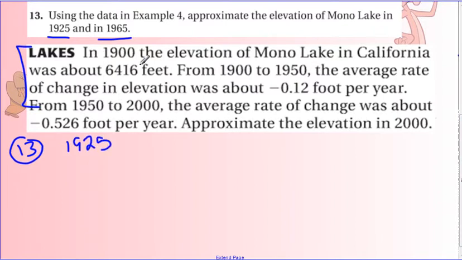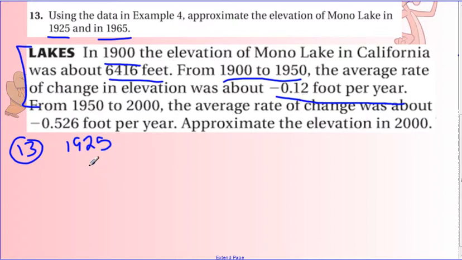So it says in 1900, the elevation of Mono Lake in California was about that. Okay, so 1900, that was the height, the elevation. From 1900 to 1950, the average rate of change in elevation was about that much per year. Okay, so every year in this range, the elevation of the lake went down by 0.12 feet.